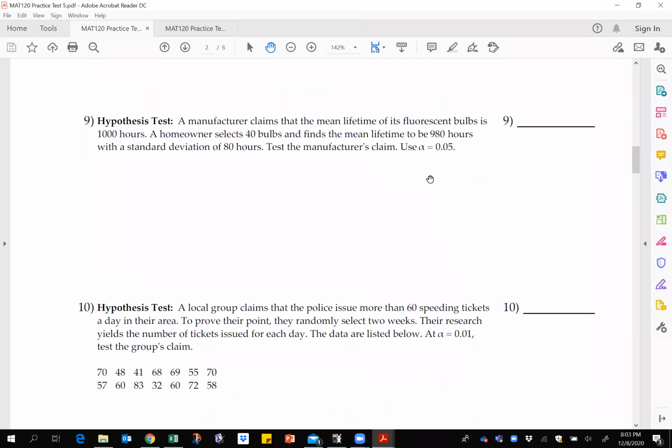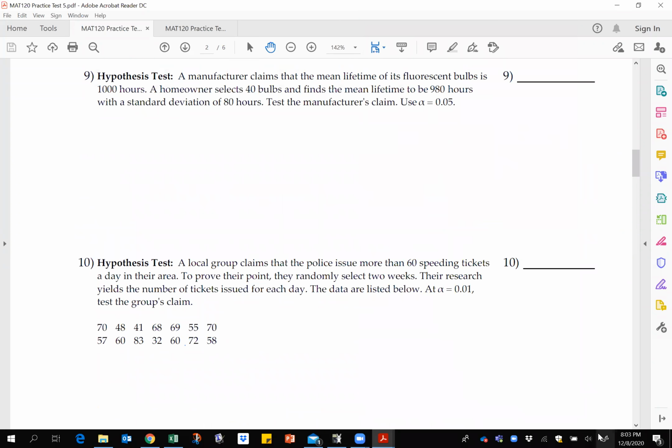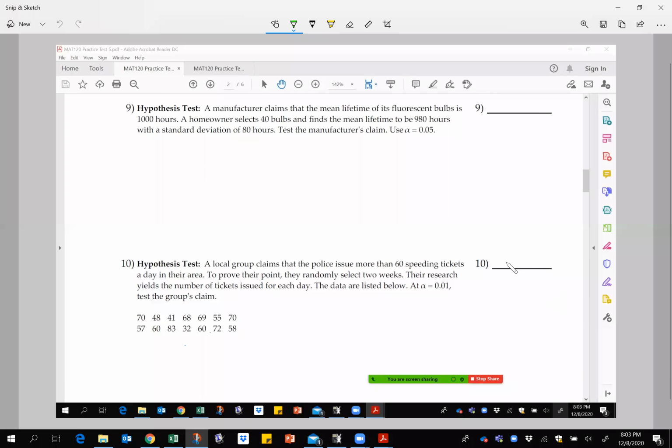Let's take a look at another one of these. In question 9, it says a manufacturer claims that the mean lifetime of its bulbs is 1,000 hours.